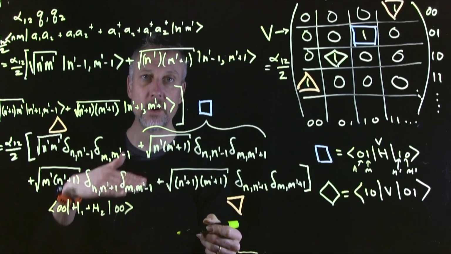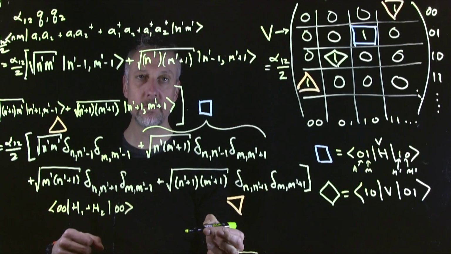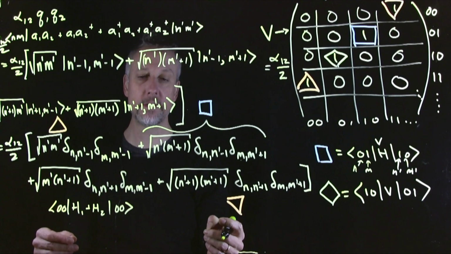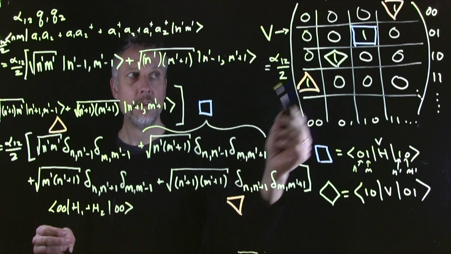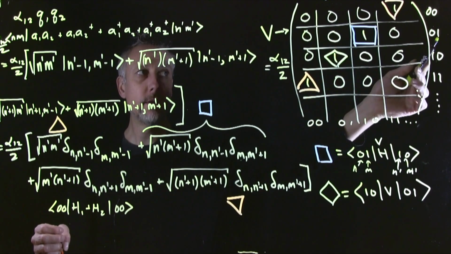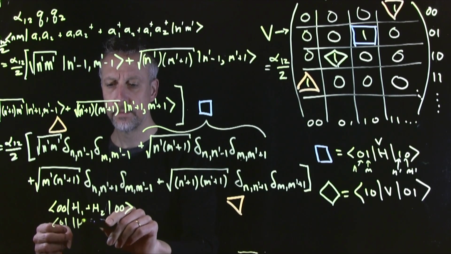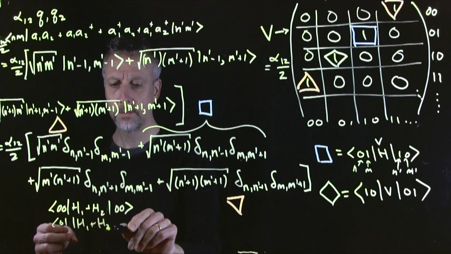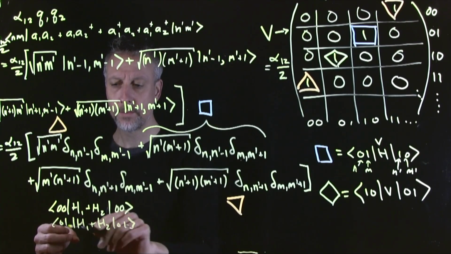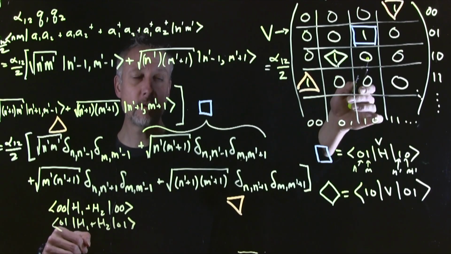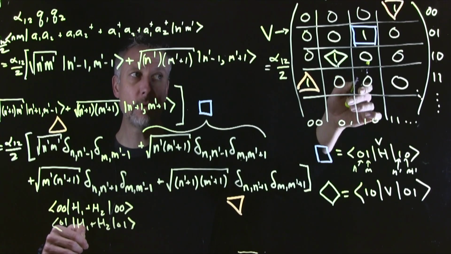Which is just equal to the energy of the ground state of one oscillator plus the energy of the ground state of the other oscillator, right? Then we have here 0, 1, 0, 1. Right? And we know what that is. That's the energy of one excitation. This is the energy of another excitation, the same number.